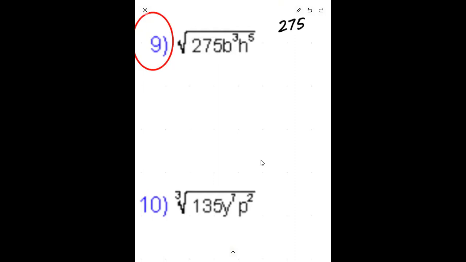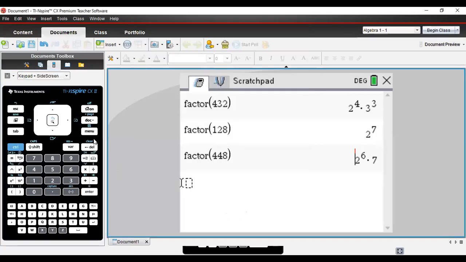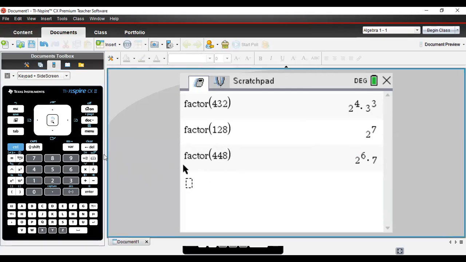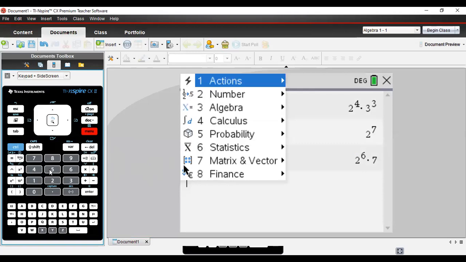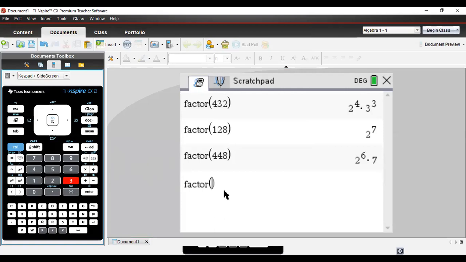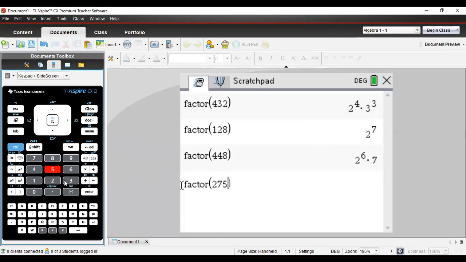So if I go to the calculator and do menu 2, 3, and put in 275, press enter, it says the prime factorization is 5 squared times 11.